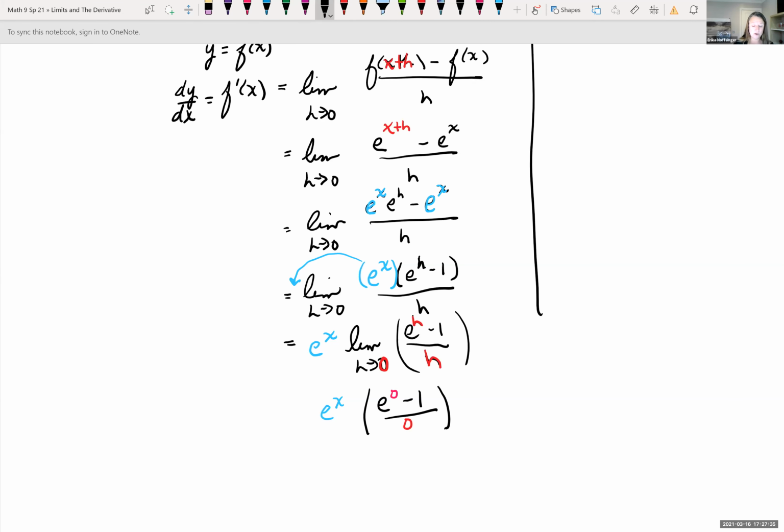Well, e to the 0 is 1. And in the numerator, then we have 1 minus 1, which is a 0. And so we're getting an indeterminate form, this 0 over 0. So really, that limit didn't tell us anything.